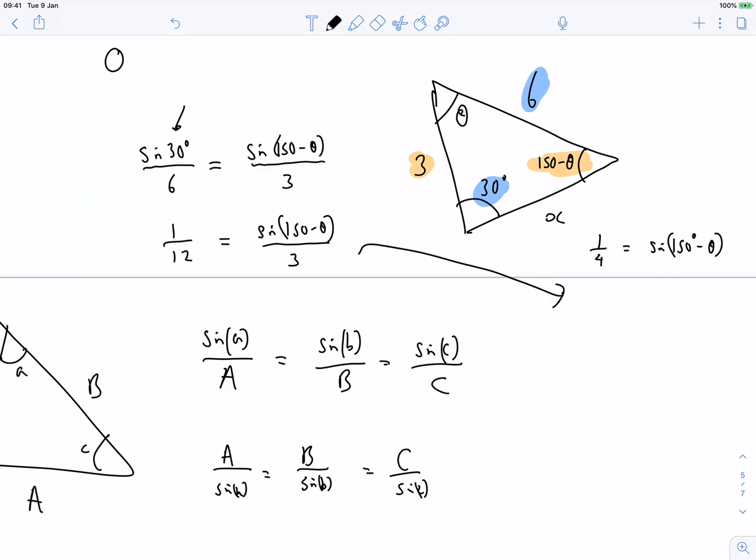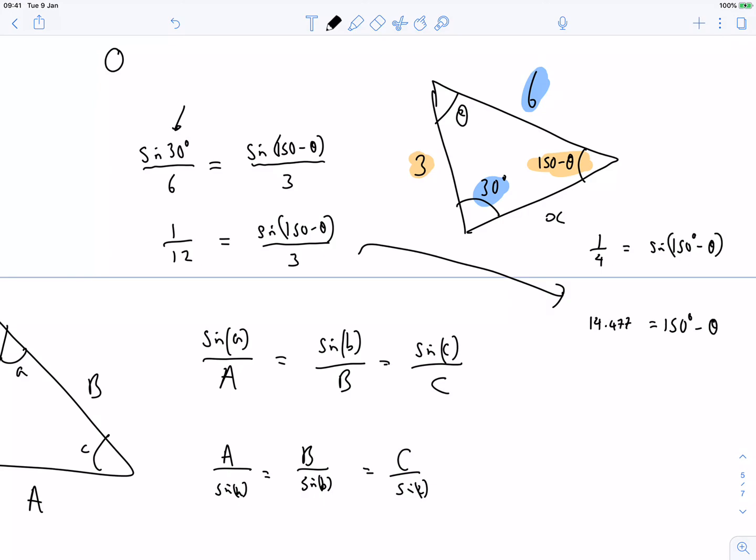Now, if I do inverse sine, oh, I have to put it back in degrees, so I should set up degrees, shift sine of 1/4. Right, so that means 150 degrees minus theta equals 14.477.